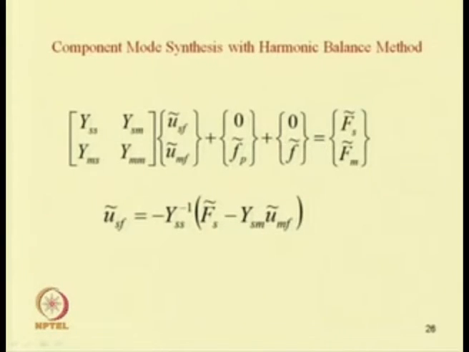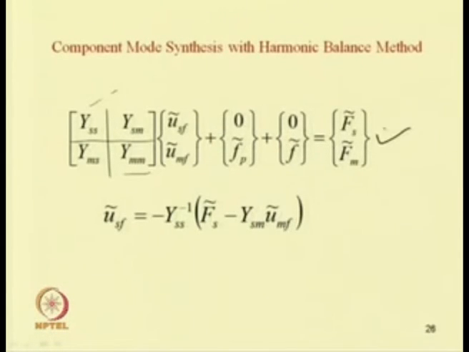Similarly, in component mode synthesis we are dividing the system into slave and master, where the slave systems are retained in terms of generalized coordinates and masters are retained using physical coordinates.